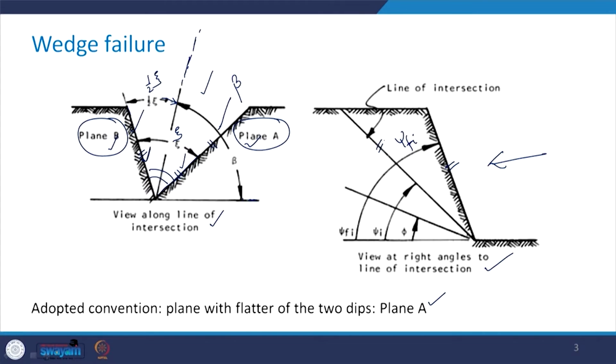This is the line of intersection making an angle of psi i with the horizontal, and here it has been shown how the friction angle's magnitude compares with psi i and psi f with the help of this line. And this angle is angle phi, which is the friction angle.